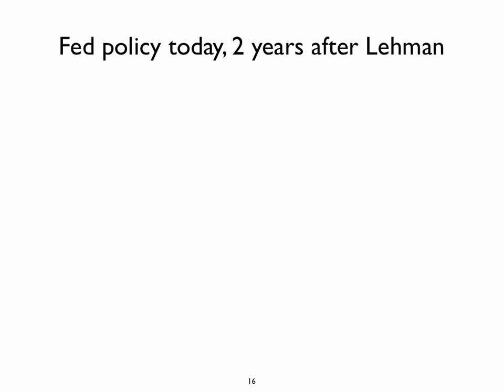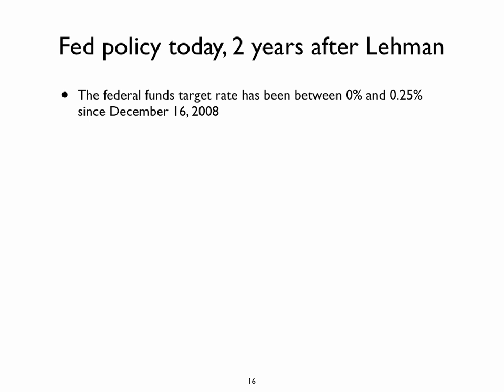Well, the thing is that Fed policy today, 2 years after the collapse of Lehman Brothers and what roiled the financial markets in 2008, looks a little different from normal Fed policy. The Fed funds target rate, as I showed you in an earlier graph, has been between 0 and 0.25% since December 16th, 2008. Let me just show you that actually again.